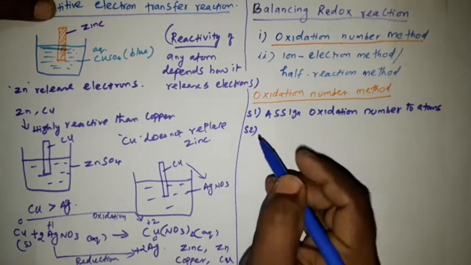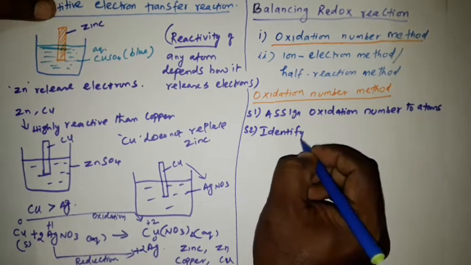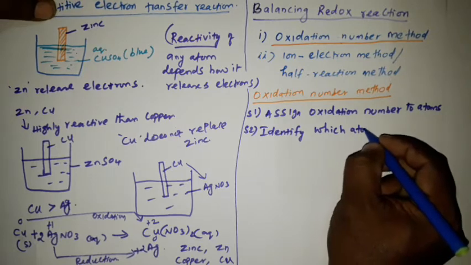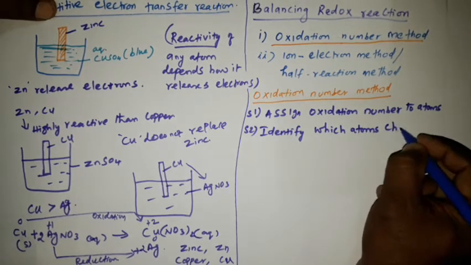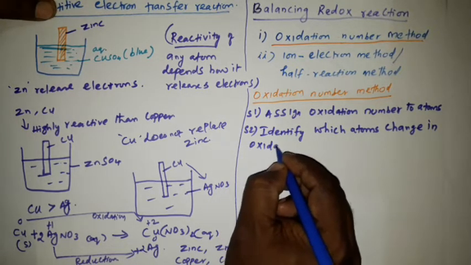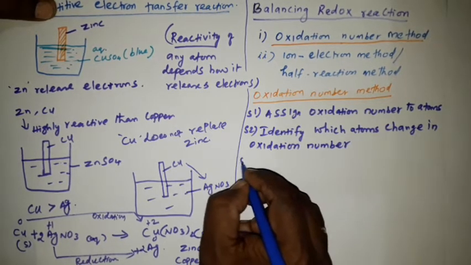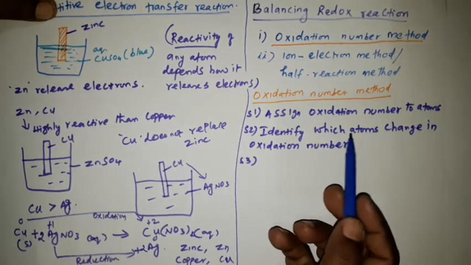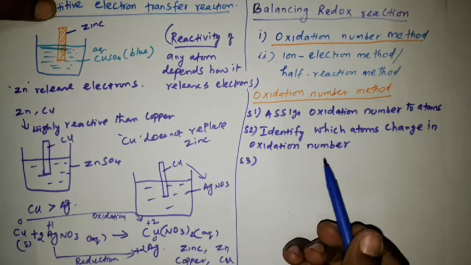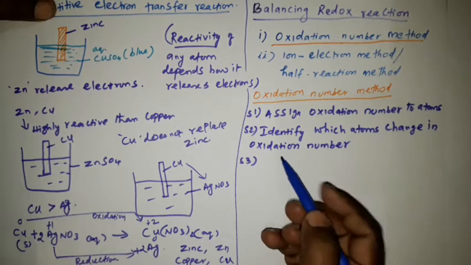Then second step, identify which atoms change in oxidation number. So you can easily identify which is oxidized and which is reduced.